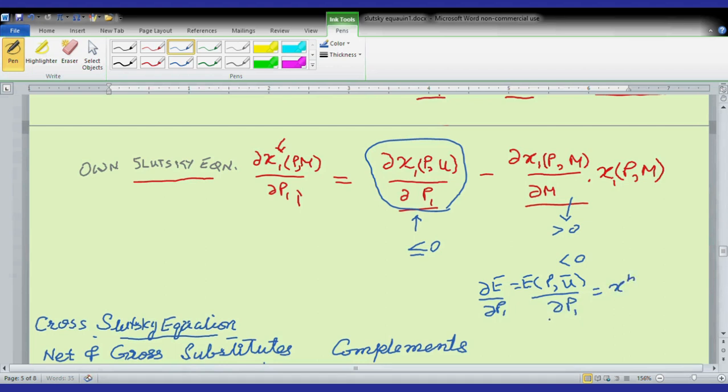And if we take the second derivative of this equation, ∂²E over ∂P1², this will give us the slope of the Hicksian demand curve in fact, and that will be ∂x1h divided by ∂P1. This first derivative actually is the property that we had seen in the name of Shephard's lemma.